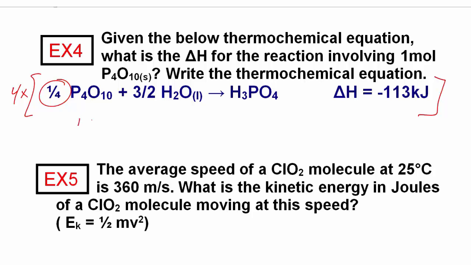So we'd have tetraphosphorus dicoxide plus 12 halves, which is 6 moles of water, plus 4 moles of phosphoric acid, and multiply negative 113 times 4, get about 452.